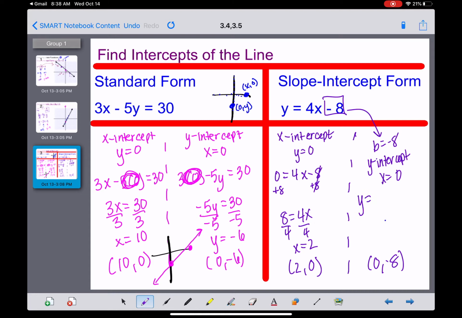So I have y is equal to 4 times 0 minus 8. Once I simplify 4 times 0 being 0, I do get that my y-intercept is negative 8. So graphically, I have 2 coordinates, one at (2, 0), one at (0, -8). It takes 2 coordinates to create a line.